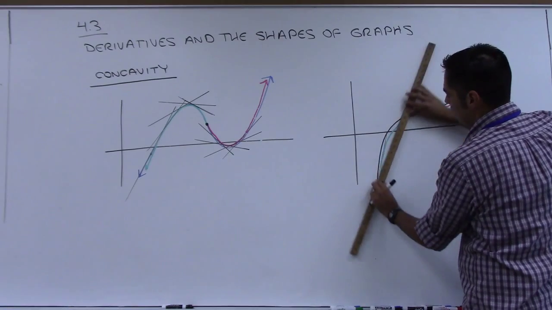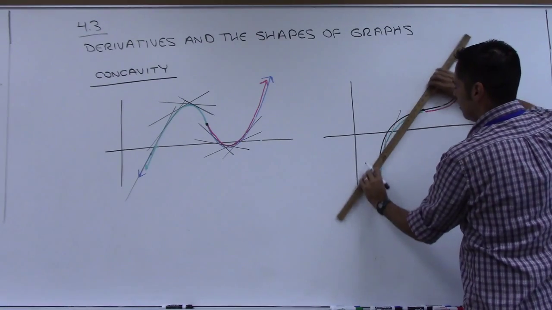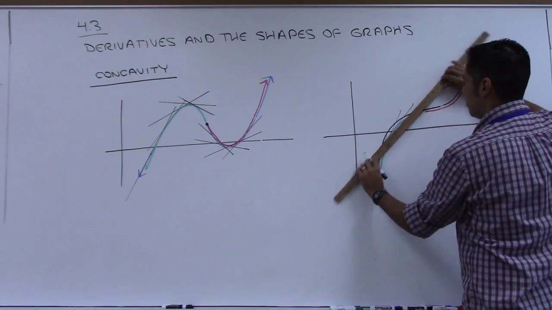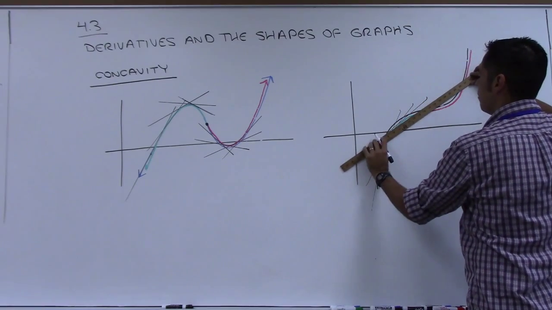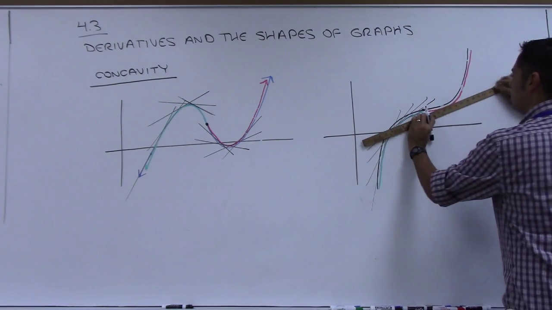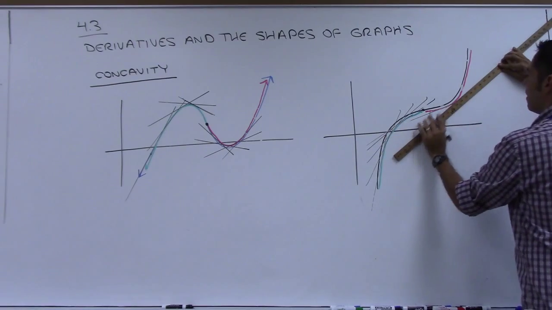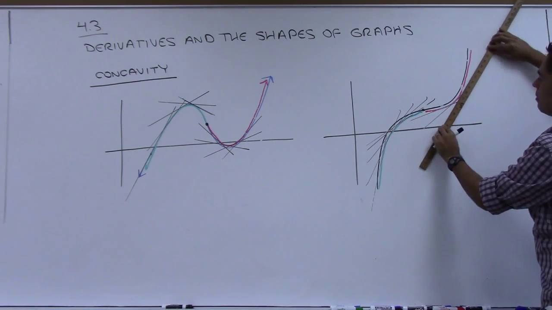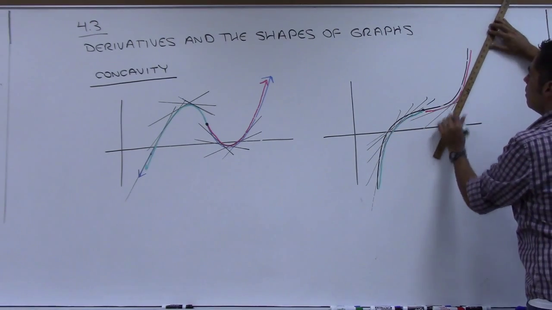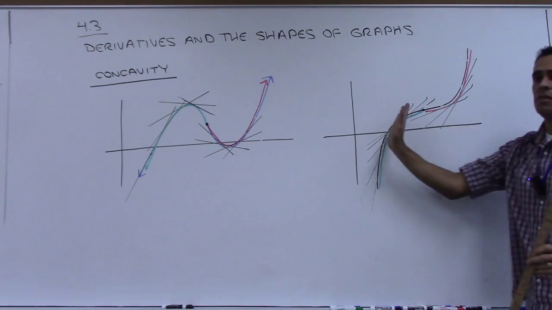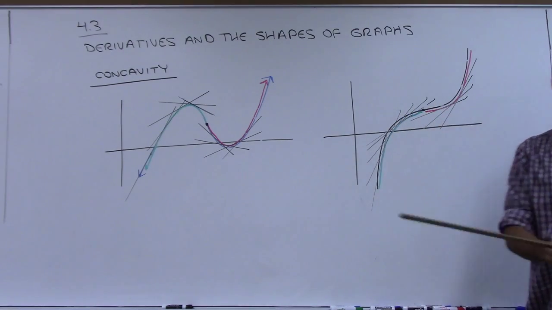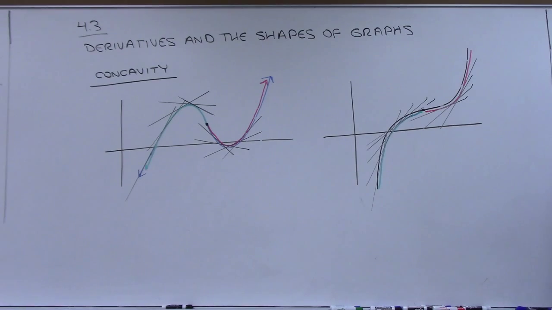So let me show you some tangent lines here. Like I said, not many students see this, so it's all right if you don't. But I want to see if anyone can see the difference between these. See what I'm saying? These tangent lines are still positive. This never changes to negative.